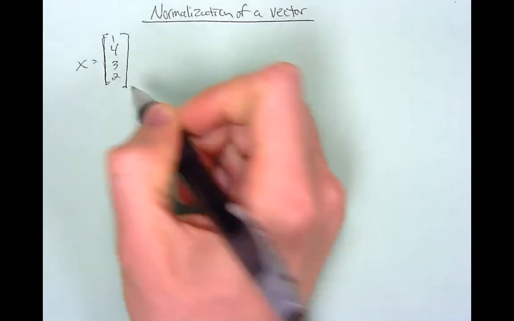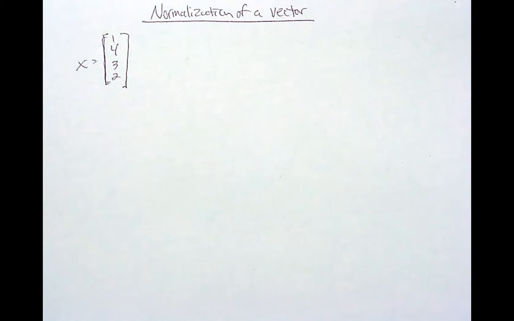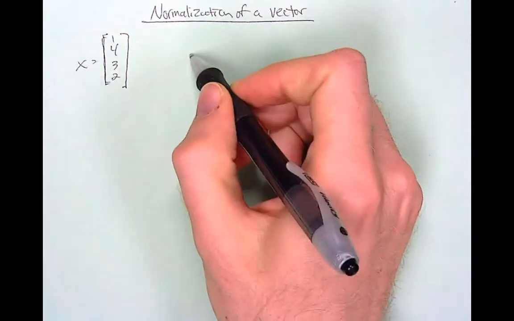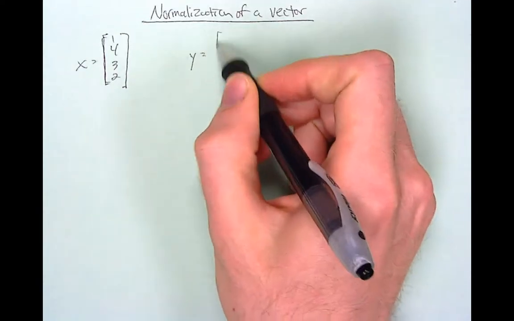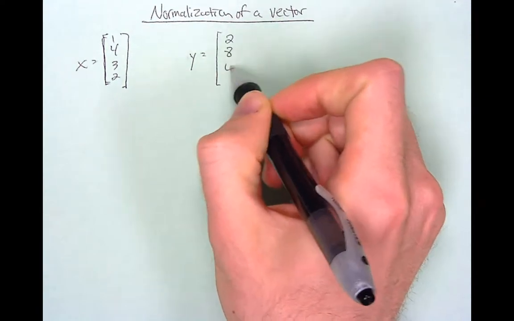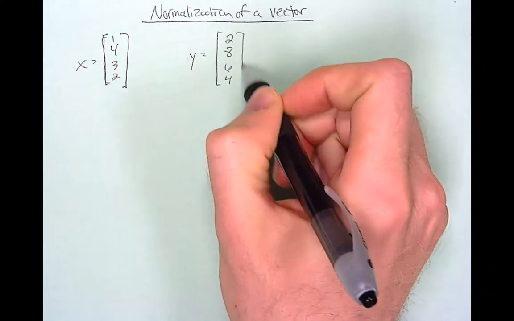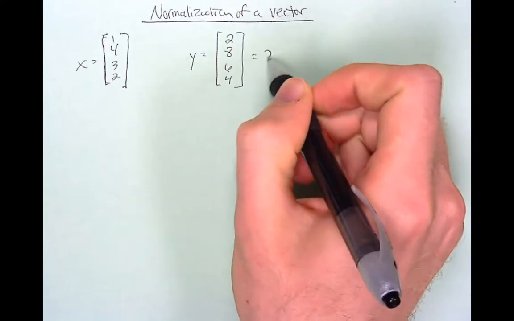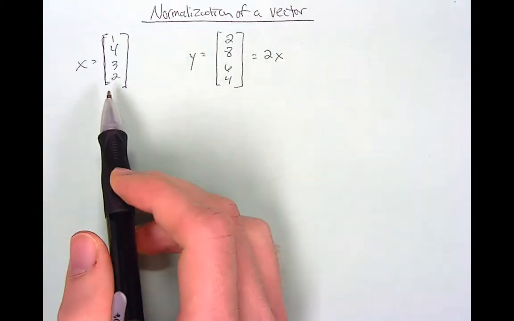Sorry, that's a funny looking eigenvector. Then this eigenvector could also be expressed as y equals 2, 8, 6, 4, which, if you notice, is 2 times x.